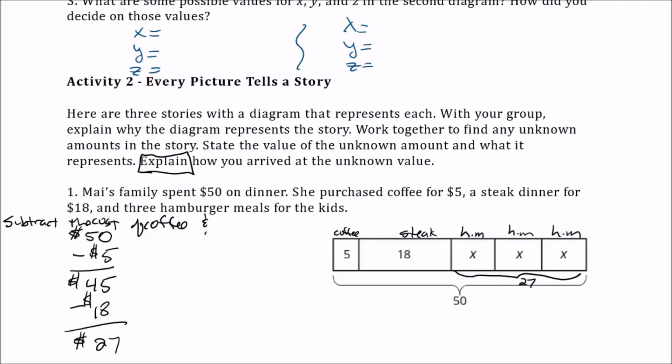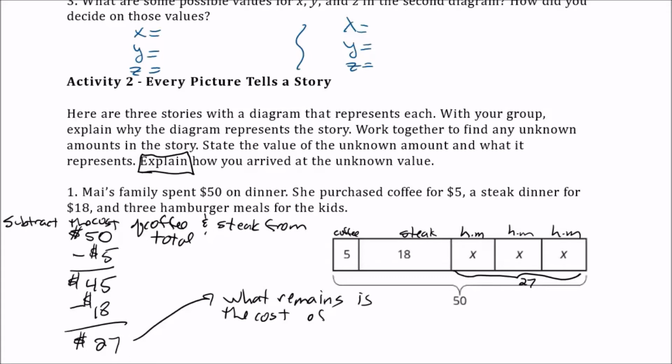Let's move this over here. Coffee and steak from the total. So we did that, and then we could say what remains is the value of the 3 meals, or the cost of the 3 meals. What remains is the cost of 3 hamburger meals.